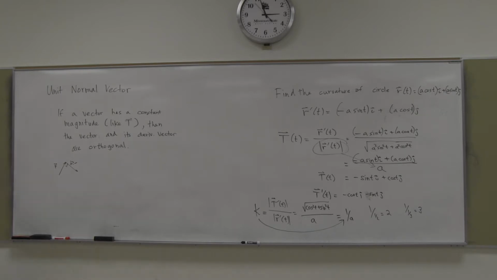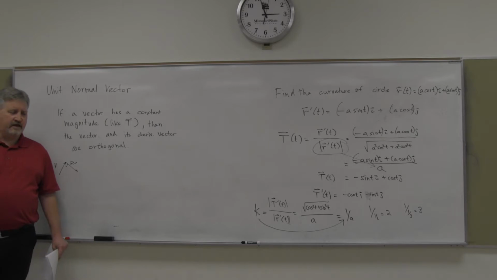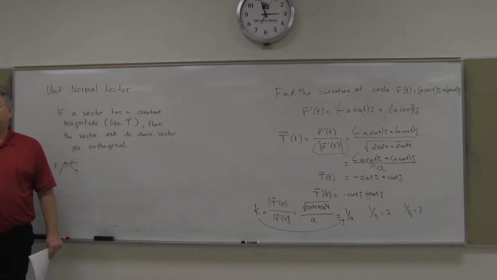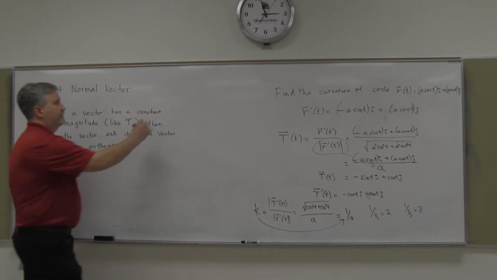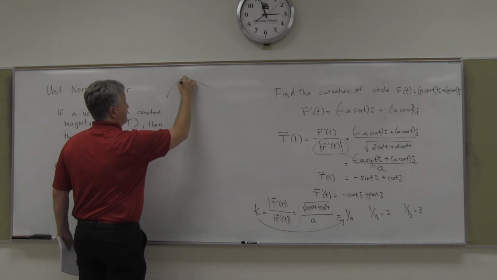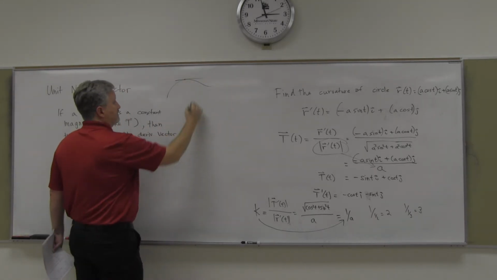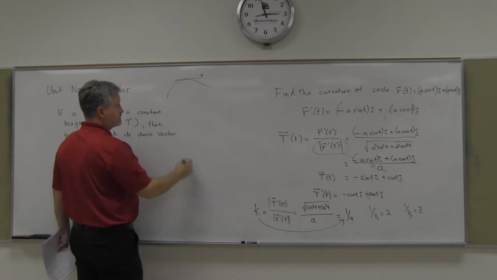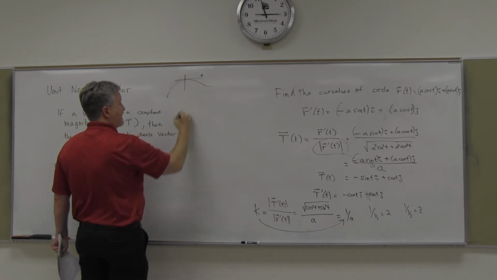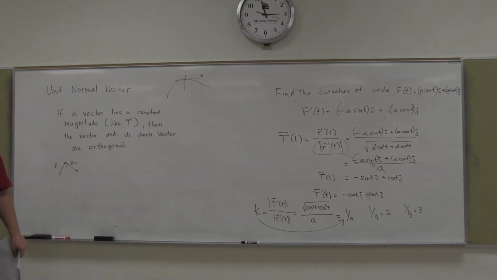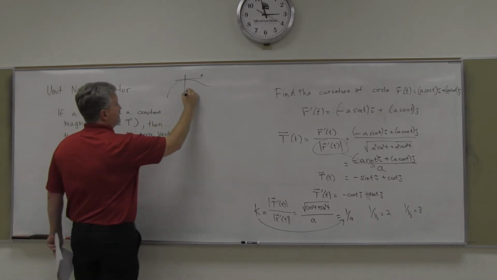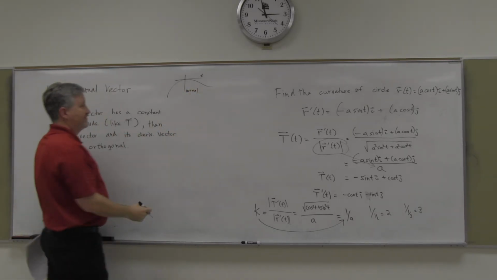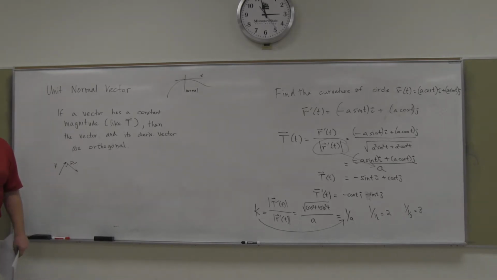For the unit normal vector. Because remember when we were talking about tangents and slopes of tangents, we also talked about tangent lines. We also talked about normal lines. If we have a tangent line, T, then the normal line is the line that's 90 degrees to that. Well, same with unit normal vectors.